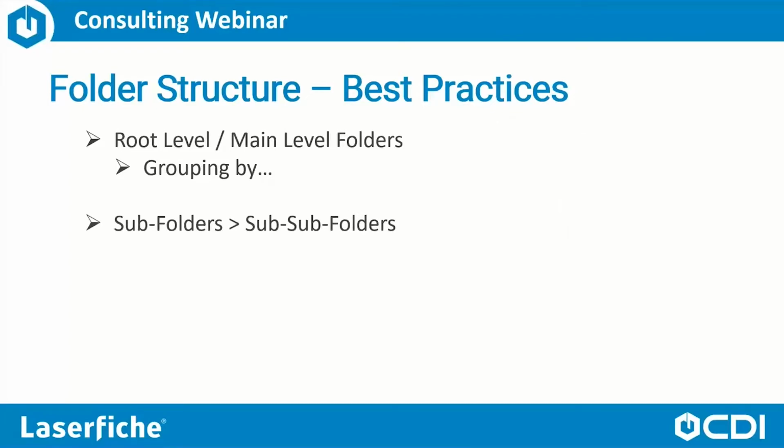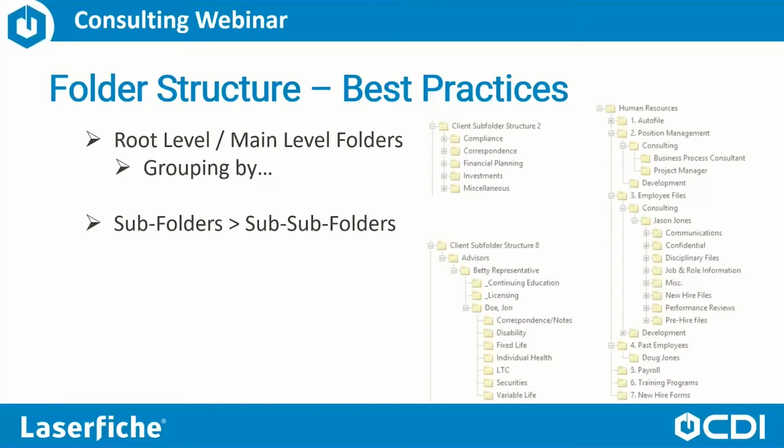Underneath your main folder structures, you are going to have subfolders and sub-subfolders. Typically, as a best practice, subfolders should be limited to 3 to 4 levels in depth if possible, and they should be limited in the number of subfolders within a folder structure as well.